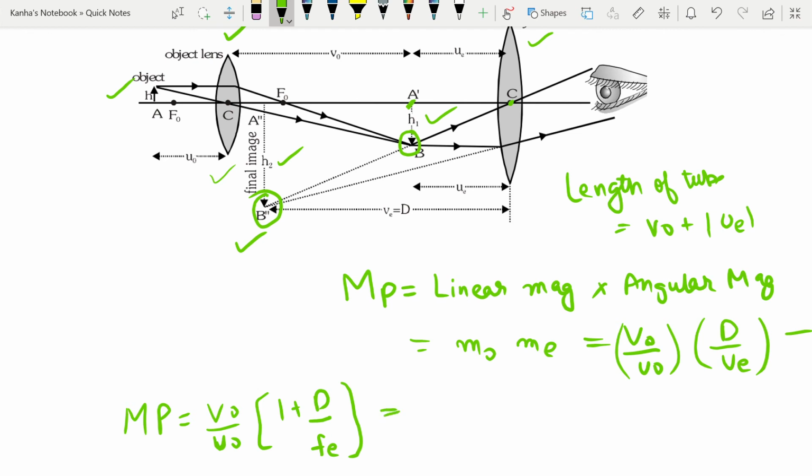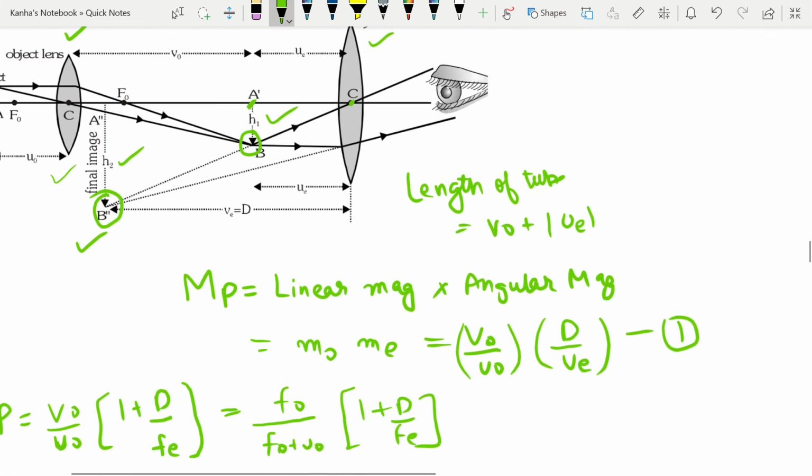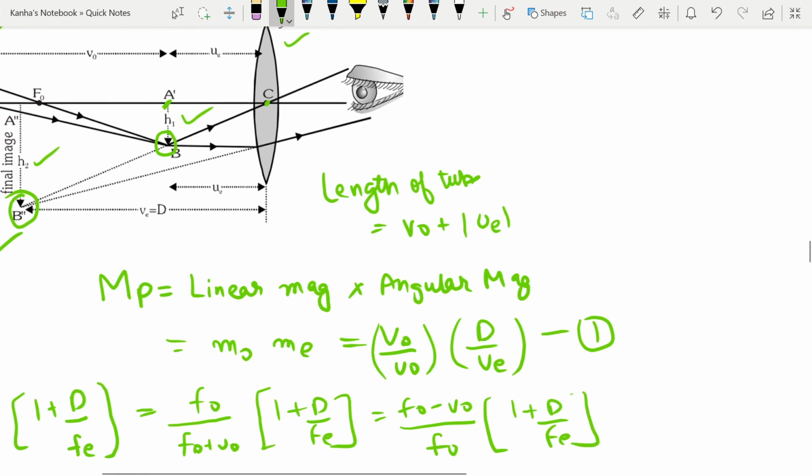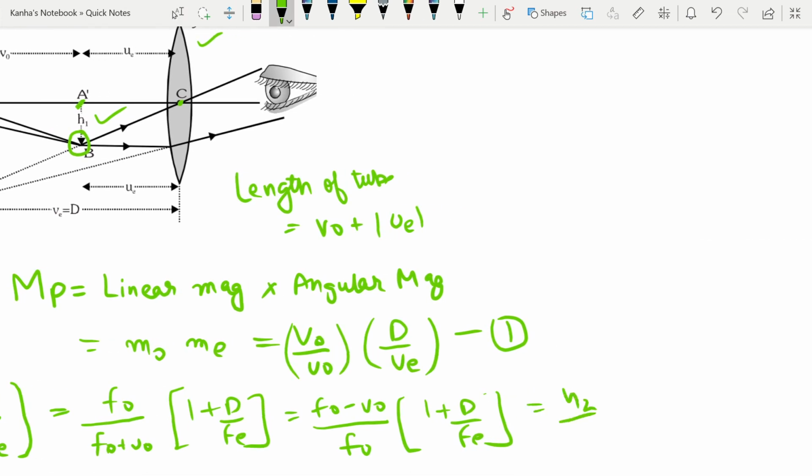I can even write this as f naught divided by f naught plus u naught into 1 plus d by f e. I can even write this as f naught minus v naught by f naught into 1 plus d by f e, or h2 by h1 into 1 plus d by f e.